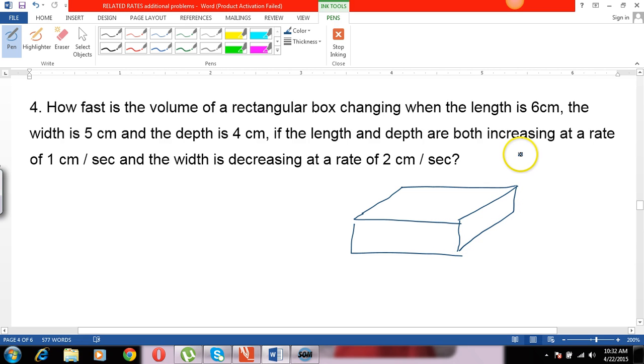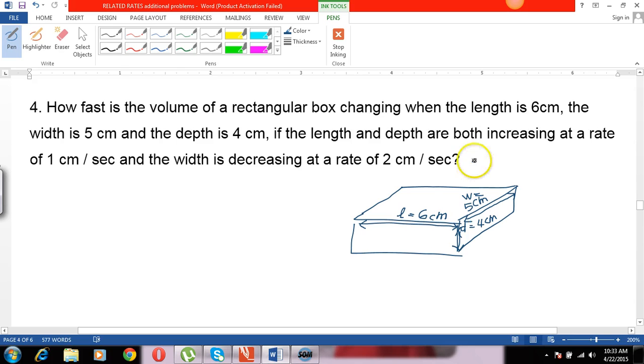Okay, so we have length is 6 cm. Then we have the width is 5 cm and the depth is equal to 4 cm. Depth is here, the length is here, and the width is here. Right?